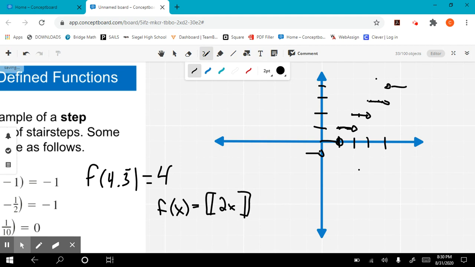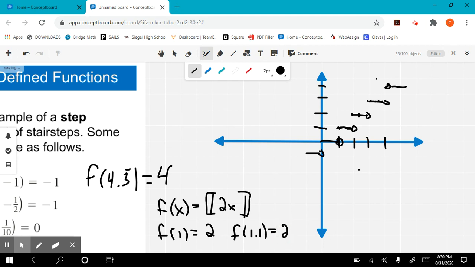So f of 1 is basically, I put 1 in there. 2 times 1 is 2, so that's going to be 2. If I put in f of 1.1, that's 1.1 times 2, which is 2.2. I would drop off the 0.2, so it's still 2.